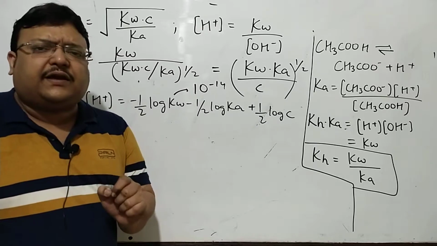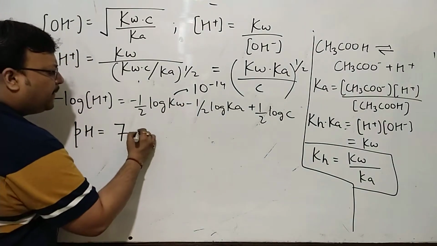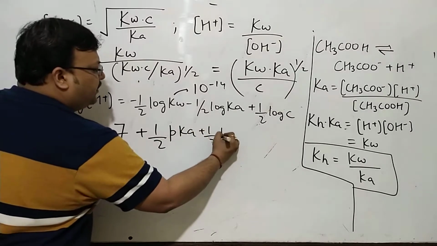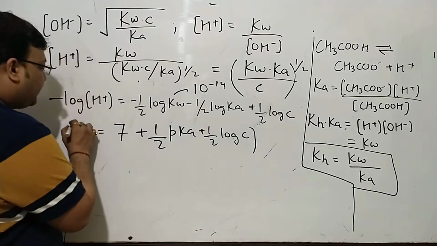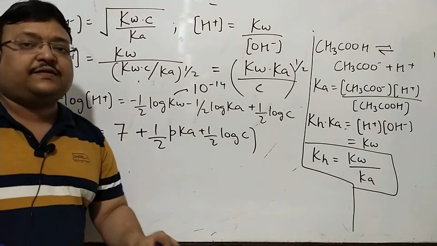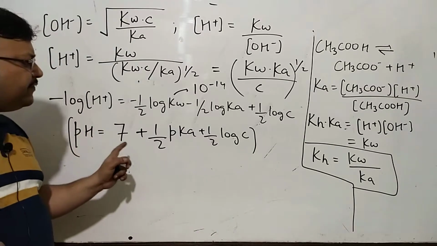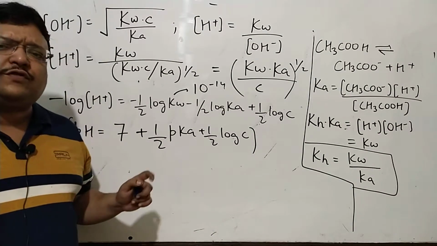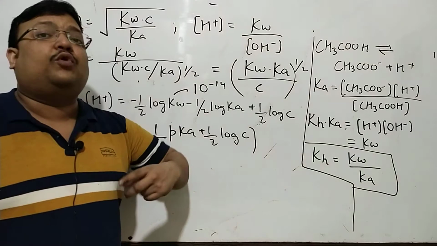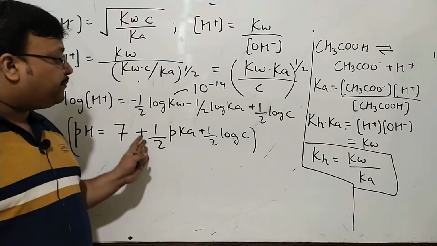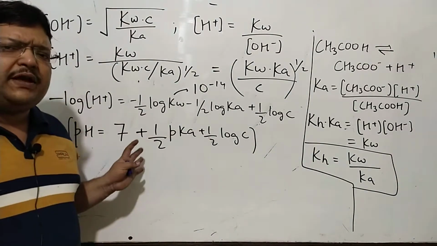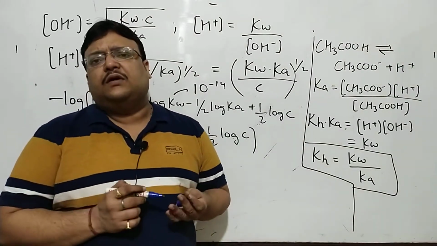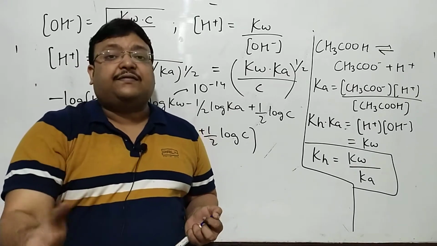So minus half log Ka would be plus half pKa, plus half log C. So as we expected, pH is 7 plus plus, and for a salt of strong base and weak acid, pH will be more than 7. As expected, the pH will be more than 7, and this is the way you go about finding the pH of a salt of weak acid and strong base.